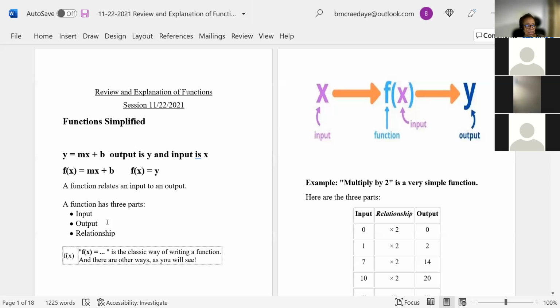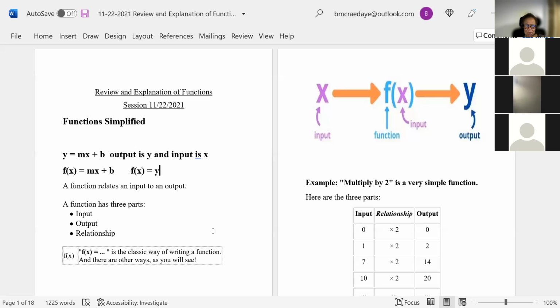So the important thing to remember: a function has three parts: input, output, relationship. Sometimes you're given a function and you ask, what is the value when I change my input to a value? So in the parentheses, you put what that input is, and then you calculate what your output is.